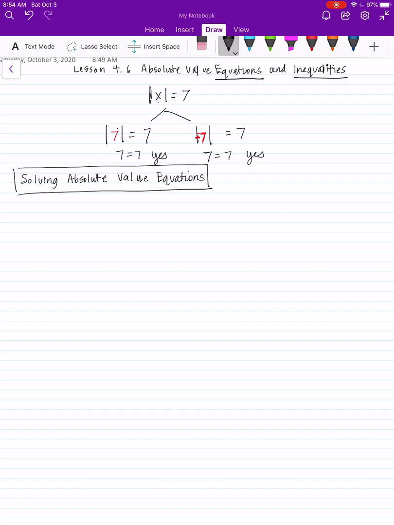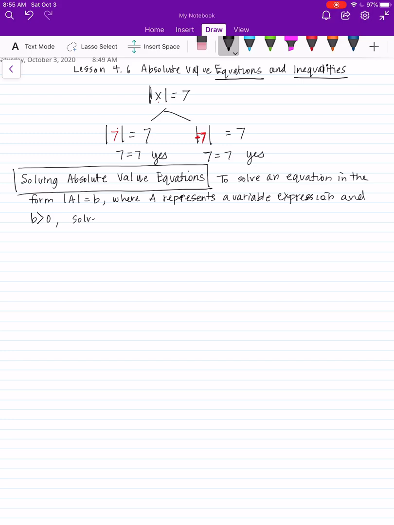So mathematical language, please write this down, says to solve an equation in the form absolute value of A equals B, where A represents a variable expression and B is greater than 0, solve A equals B and A equals negative B.